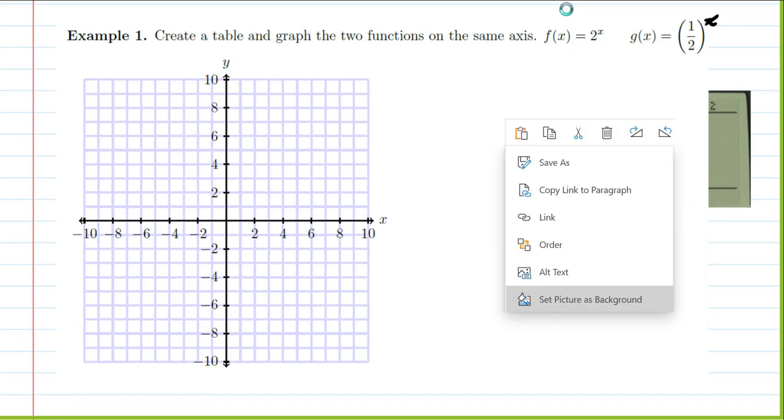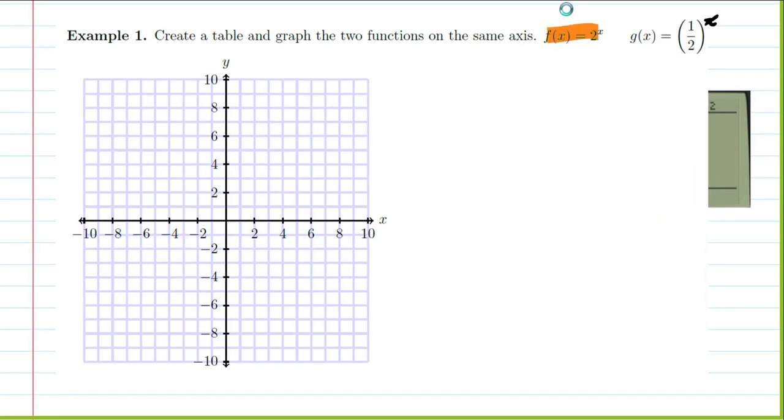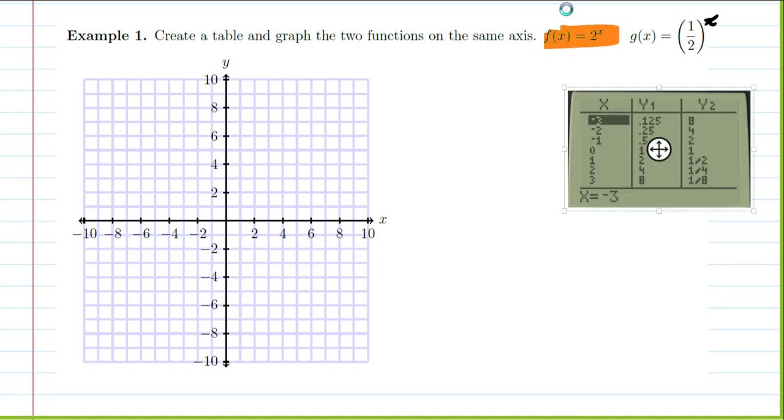So let's go ahead and graph each of these. If we graph 2 to the x, which we actually did in the previous section, -3 is 0.125, 1/4, 1/2, 1, 1 is 2, 2 is 4, and 3 is 8. We have a function that looks like this.